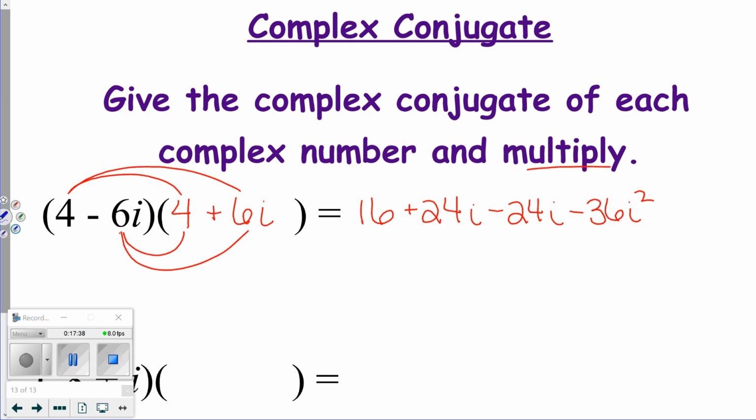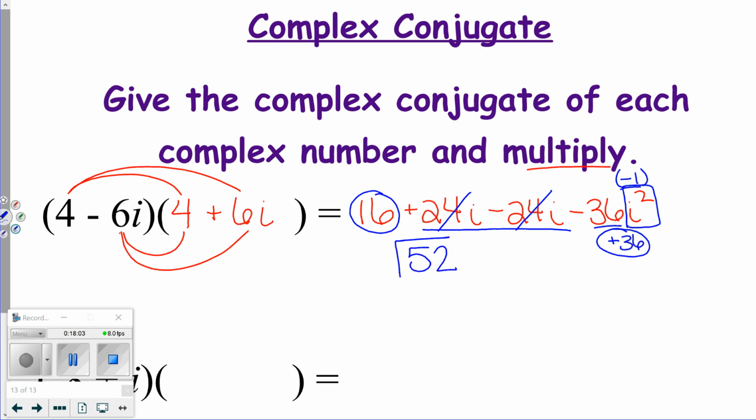All right, cleaning this up, our like terms in the middle, 24i minus 24i, will cancel out. I know i squared is the same thing as negative 1. So negative 36 times negative 1 is positive 36. And then my like terms, 16 plus 36 is going to give us 52.